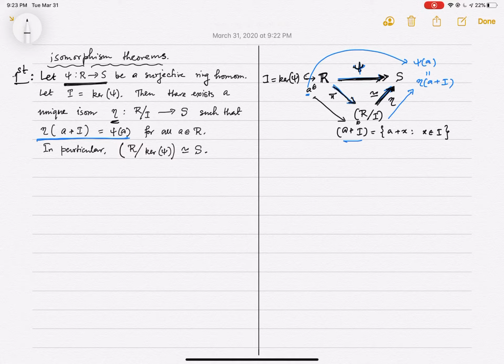But now let's talk about this thing called the correspondence theorem. It says that I be an ideal in R. Ideal means two-sided ideal. And this triangle, less than or equal to kind of sign, means ideal, if you remember.